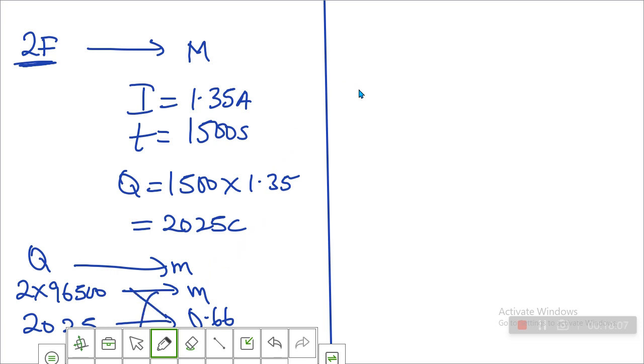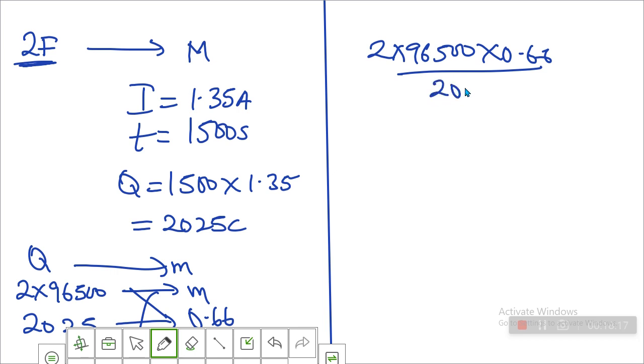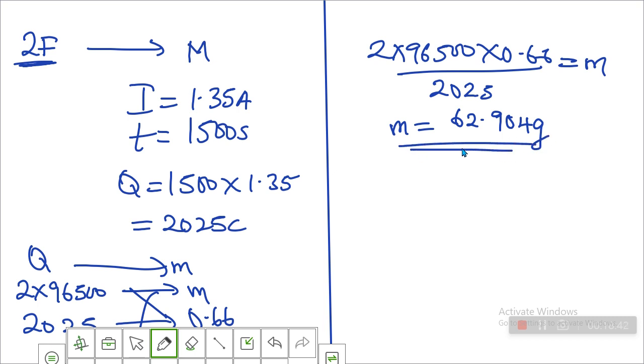So just cross multiply: 2 times 96,500 times 0.66 over 2025 is equal to the molar mass M. So what is our final answer? That will be 62.904 gram. That's the molar mass for element M, the divalent element.